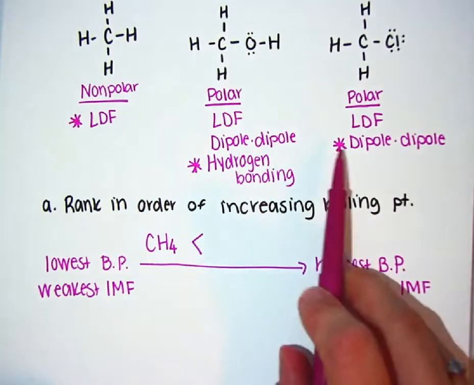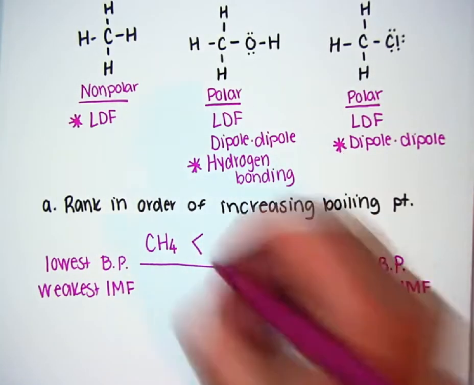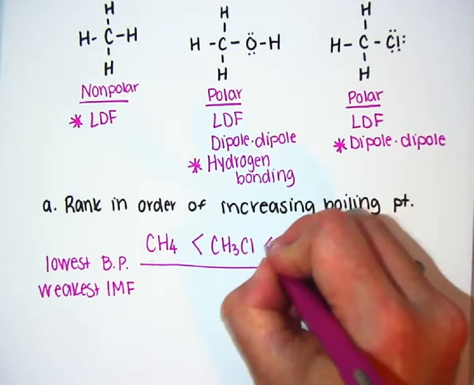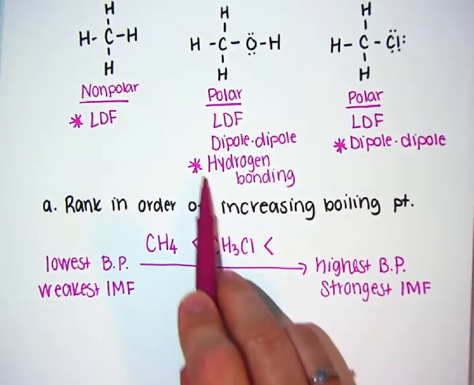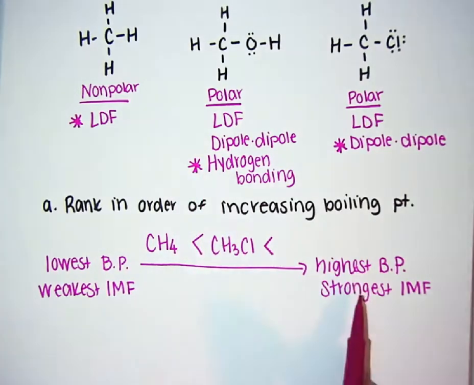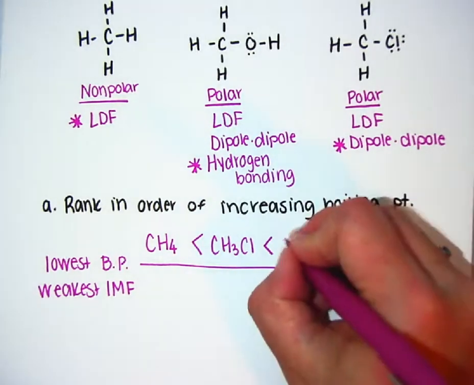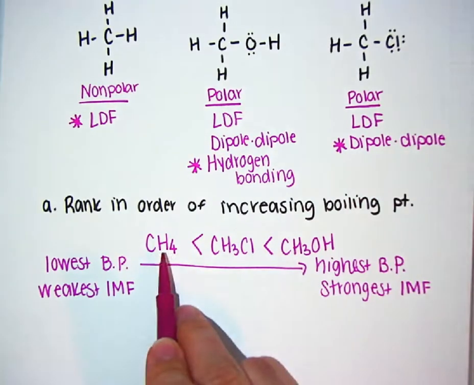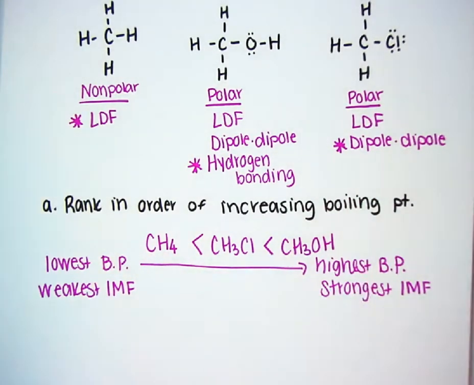Next, in terms of strength, would be dipole-dipole. Hydrogen bonding is our strongest intermolecular force. Since that's the strongest intermolecular force, it would have the highest boiling point. So I'm ranking them from lowest to highest boiling point.